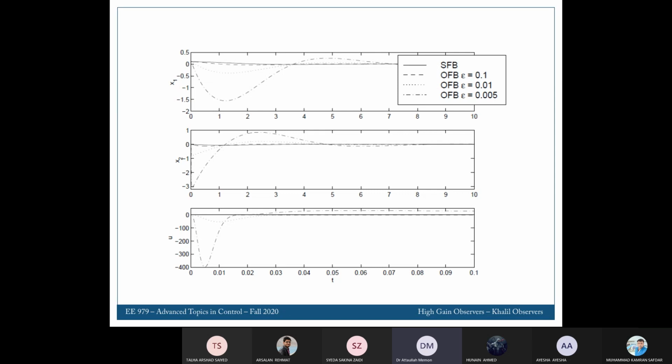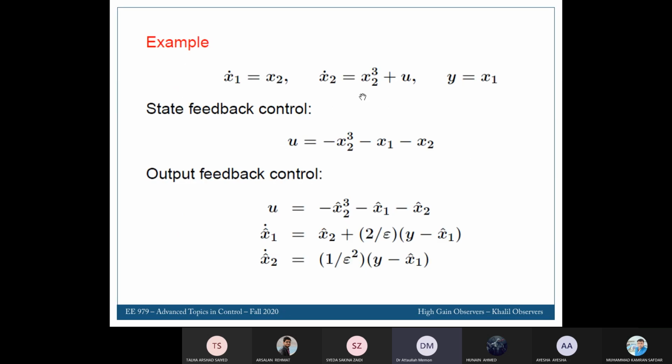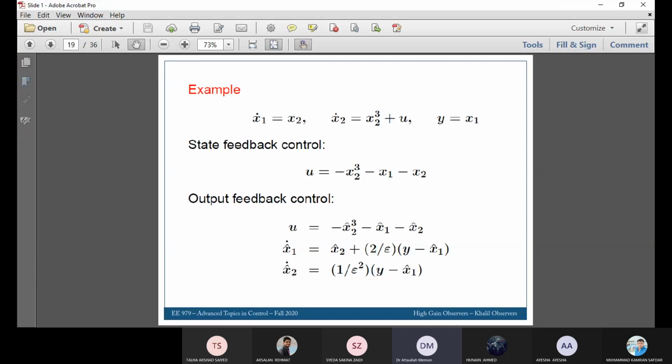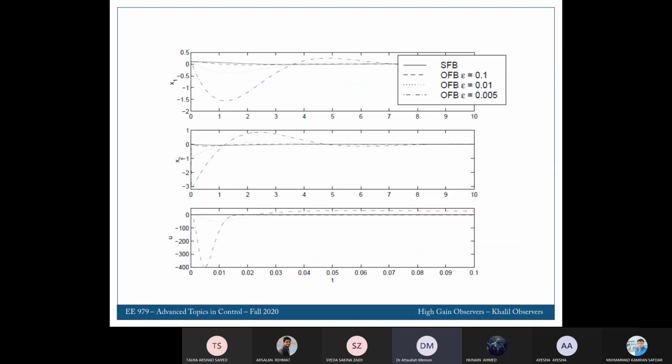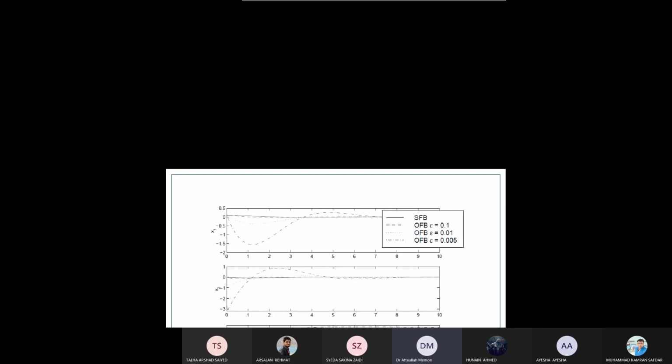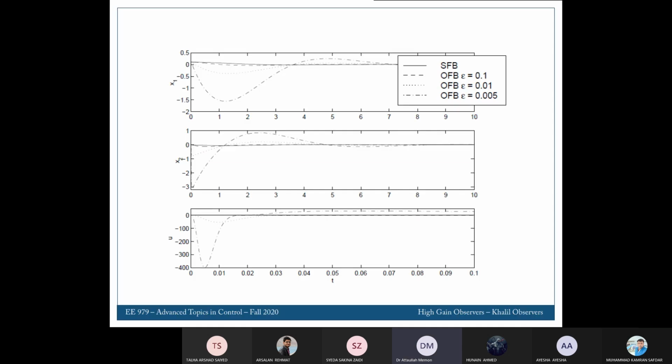I would like that you try to simulate the system, and by choosing these epsilon values, you should be able to get these plots. I have given you this homework problem as well for your practice. Okay, and you should be able.